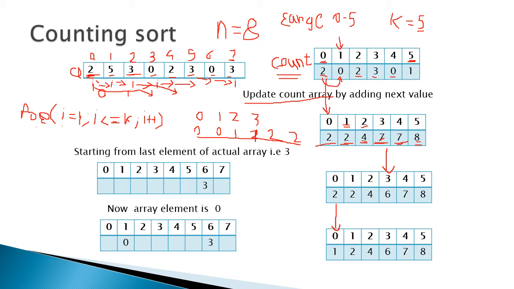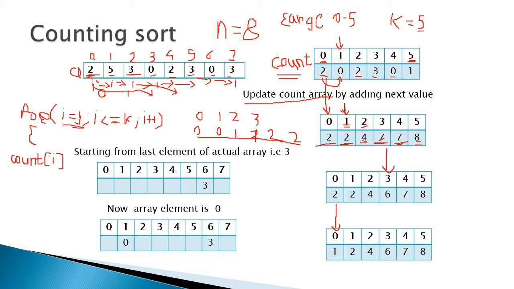Here, the next value, this value, is as it is. That's why on a of i, that is a of 1, we have to take count of i. The i value is 1, that's why count of 1.